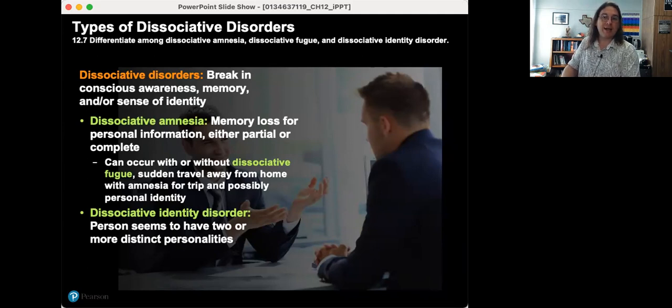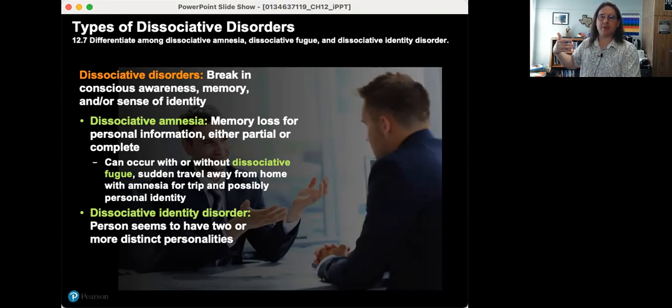So they're behaving or they're functioning and they don't even recall that they've done that. And so dissociative fugue occurs when somebody either endures so much trauma that their memory just kind of completely steps away from them.